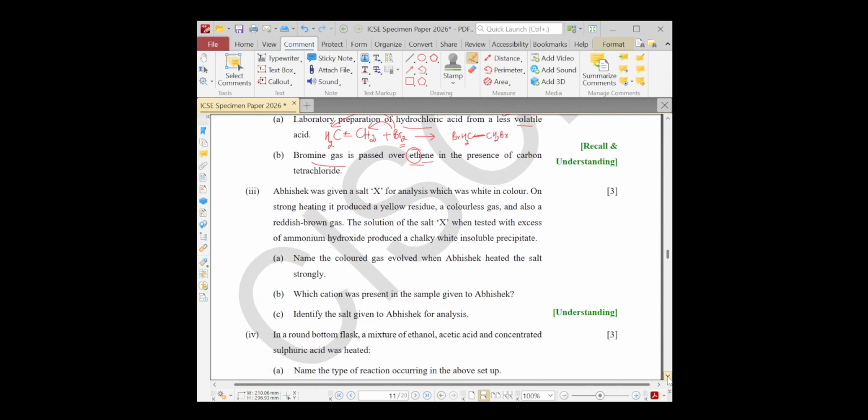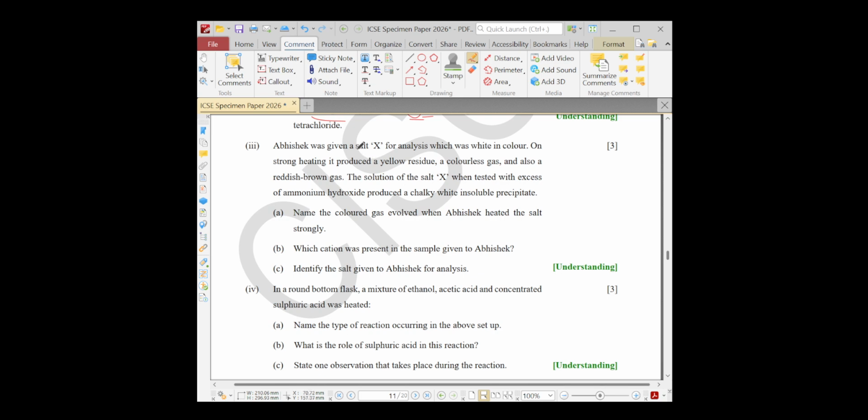Now next we move on to the third part. Third part says Abhishek was given salt X, which was white in color. On heating strongly, it produces a yellow residue, a colorless gas, and also a reddish brown gas. Now reddish brown gas, either it can be bromine or it can be nitrogen dioxide.